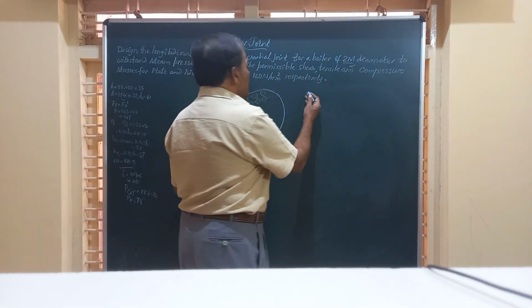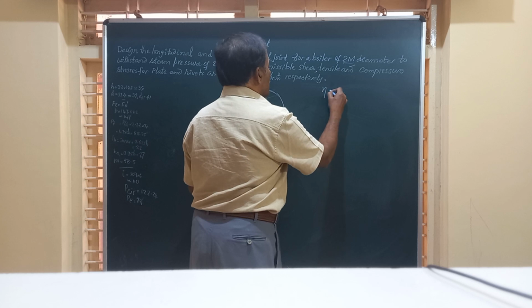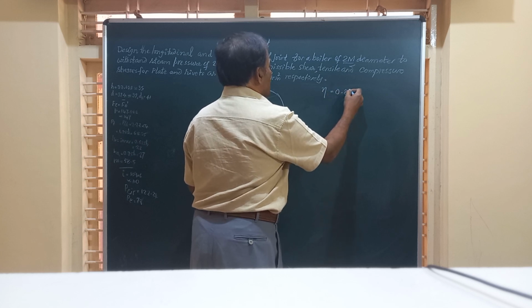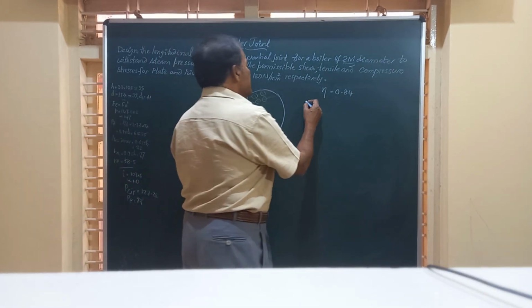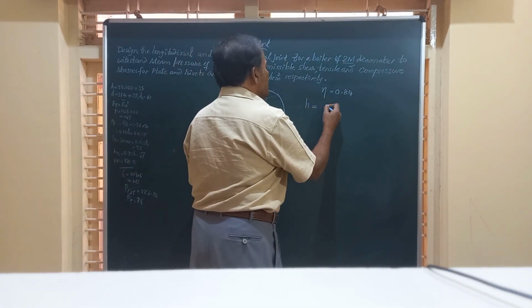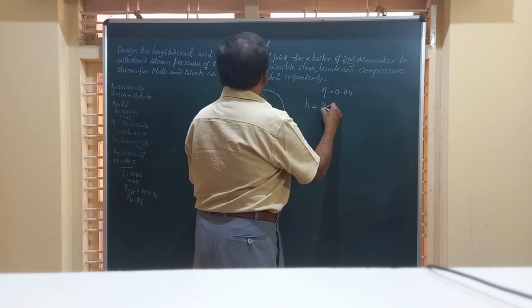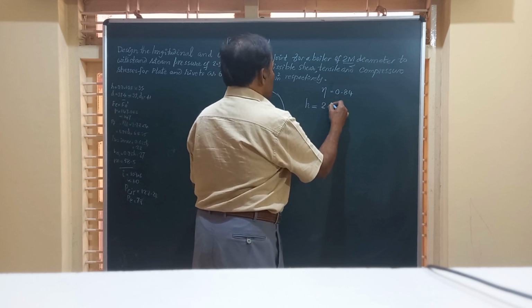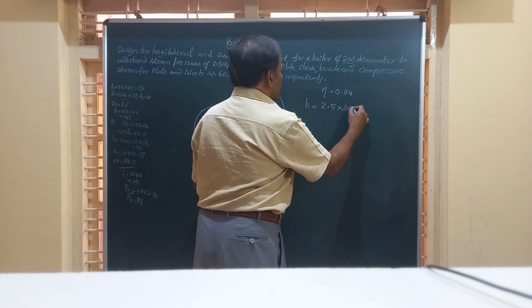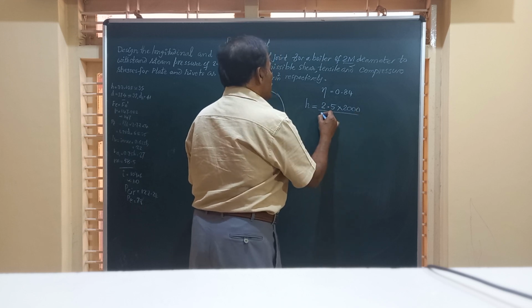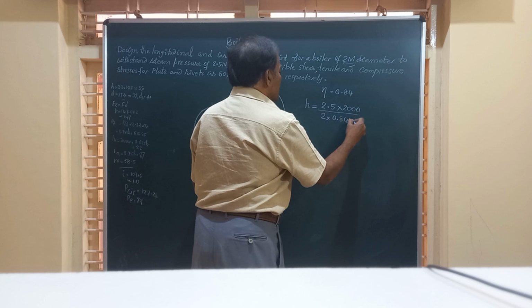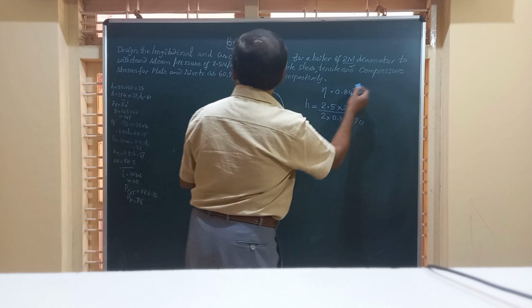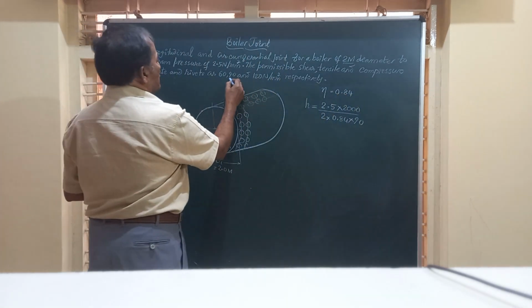And friends, here I am going to select eta equal to 0.84, that is 84%. Now if you substitute in the formula, you get H equal to P, pressure is 2.5, di is 2000, P di divided by 2 times eta times sigma theta, where sigma theta is given to be 90 Newton per mm square.